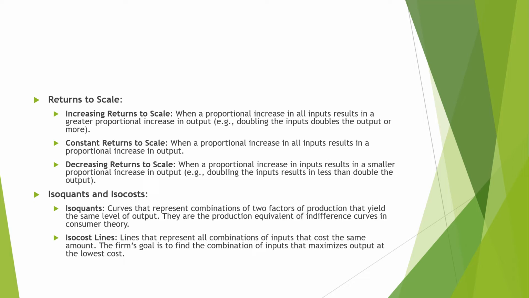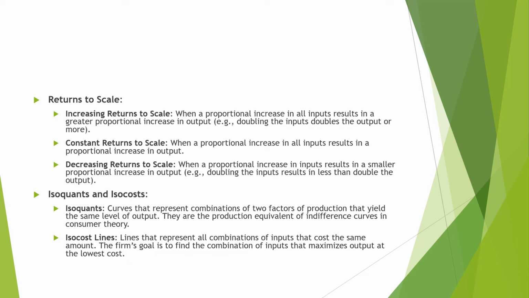Returns to scale. Increasing return to scale: when a proportional increase in all inputs results in a greater proportional increase in output, e.g., doubling the inputs doubles the output, or more.